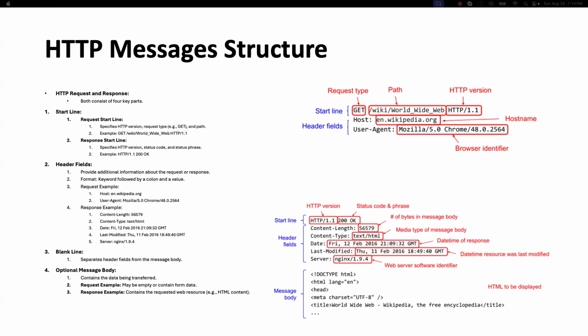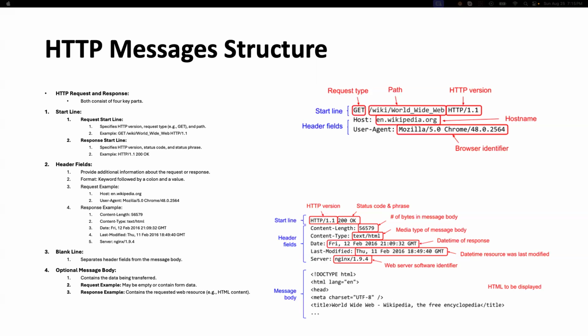The second part is the header fields. Header fields provide additional information about the request or response. They are written as key-value pairs, with a keyword followed by a colon and a value. For instance, in our HTTP request example, we have headers like Host: en.wikipedia.org, specifying the host being requested, and User-Agent: Mozilla/5.0 Chrome/48.0.2564, which tells the server what type of browser is making the request.